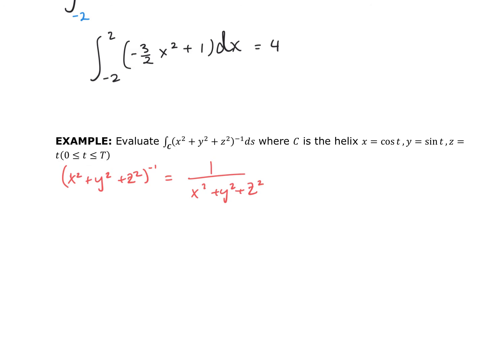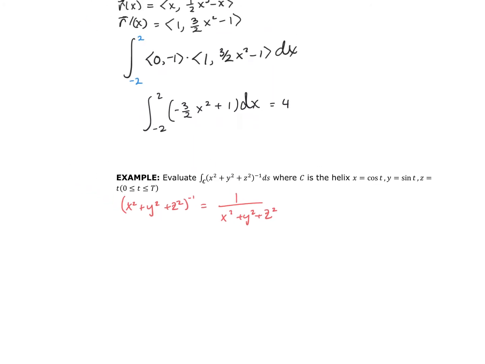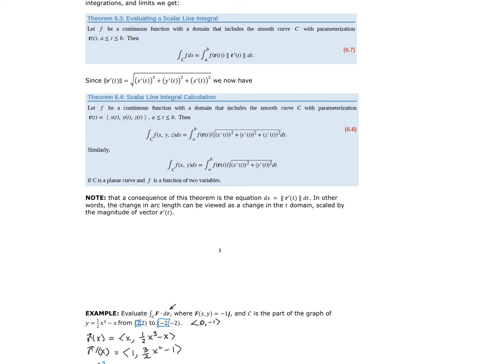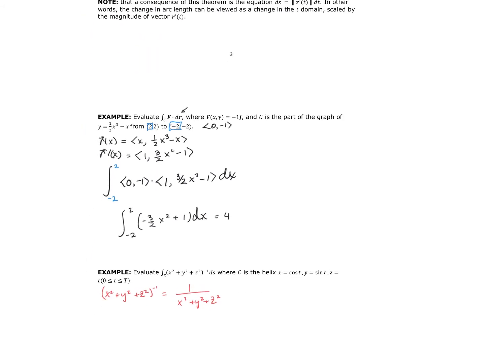And now, because this is not a vector, and I'm not necessarily going to make this into a vector, I'm actually going to be using this other part, which is I'm going to find the function evaluated with my r vector replacement and then take the derivative of the vector.